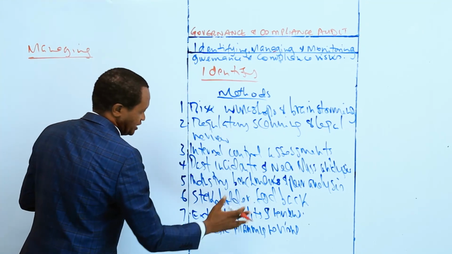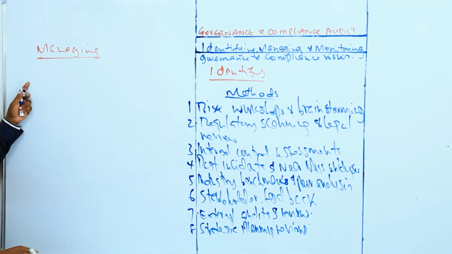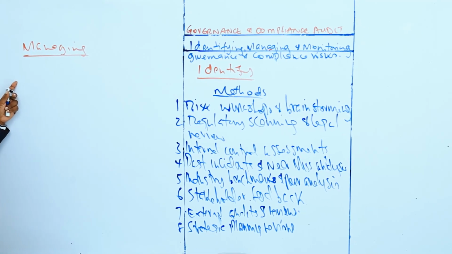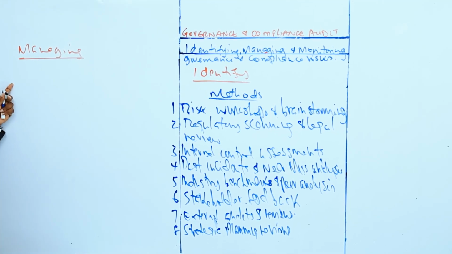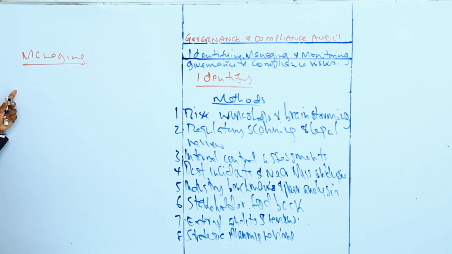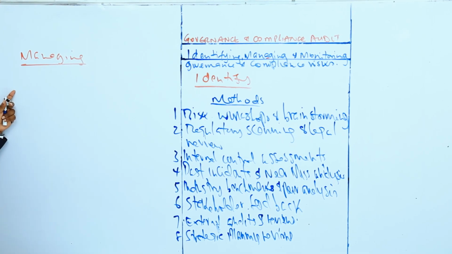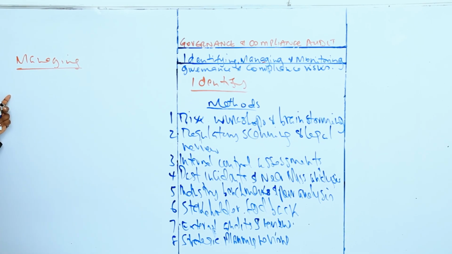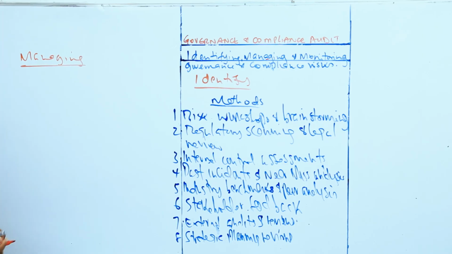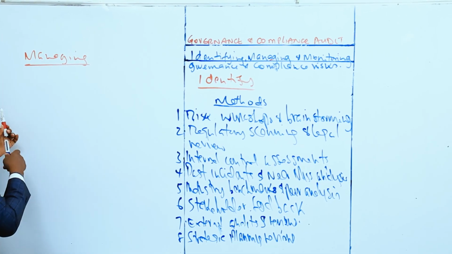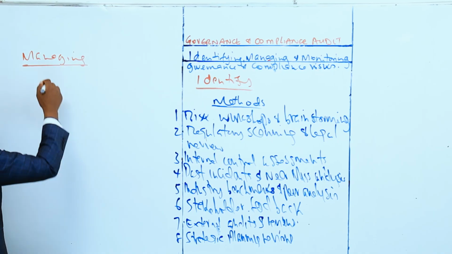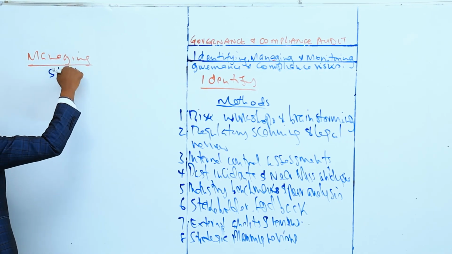Having identified the risks, the risks then need to be managed. Once identified, risks need to be managed through appropriate strategies and controls. So what are the strategies that can be used to manage governance and compliance risks?